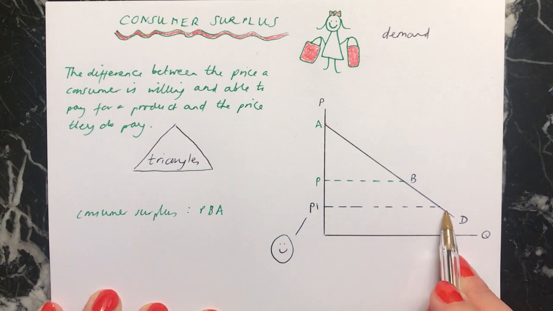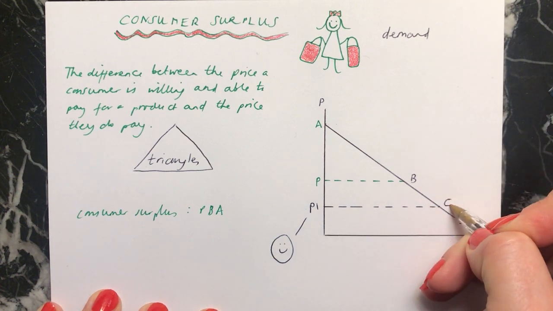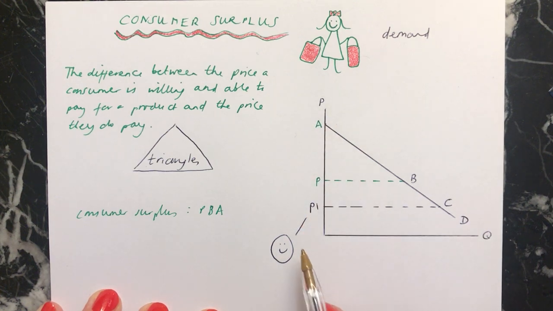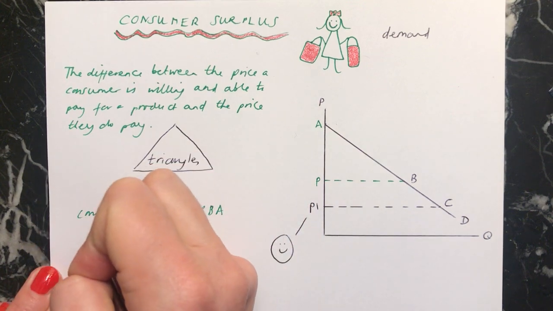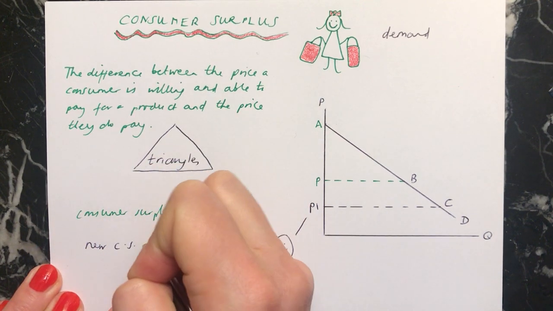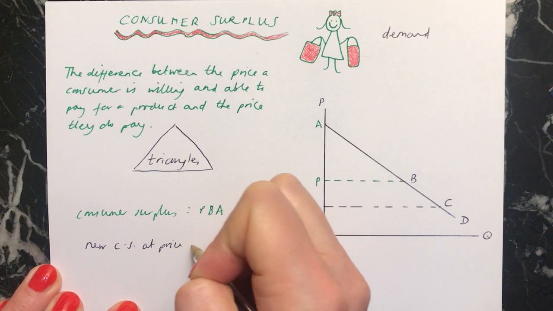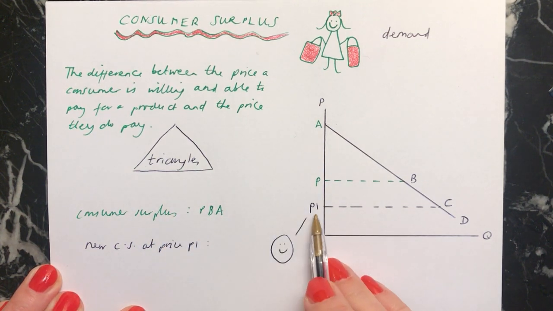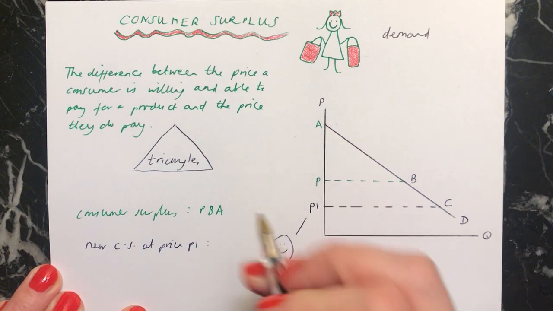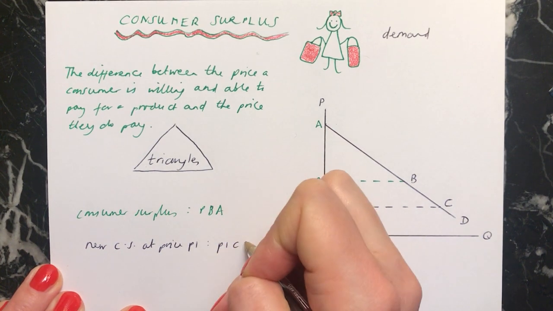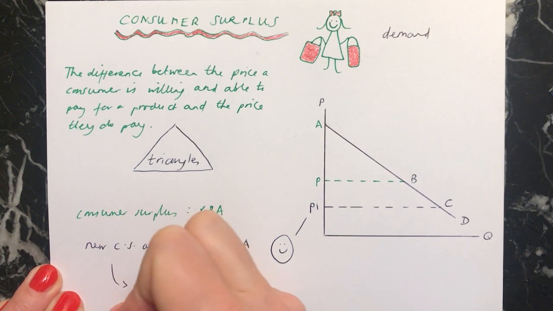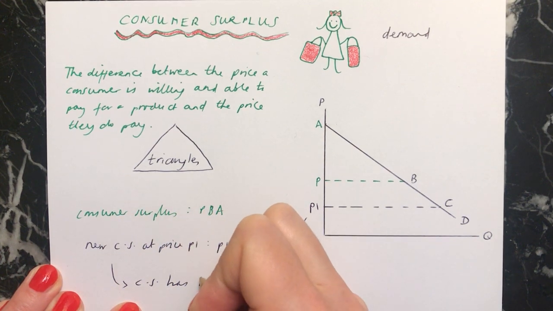And if we label this corner, let's call that C. Remember, don't use D because we already have that, or P or Q. So the new consumer surplus at price P1 is now P1CA. And our consumer surplus has increased.